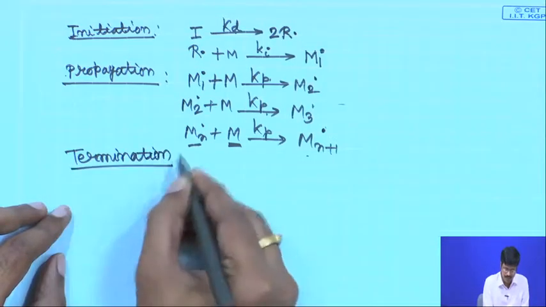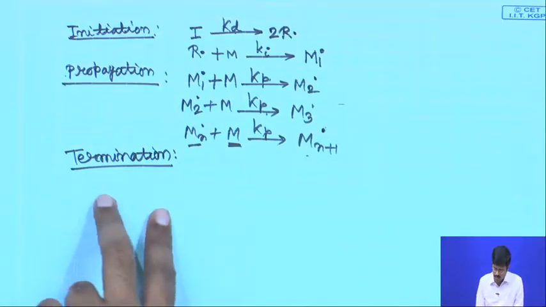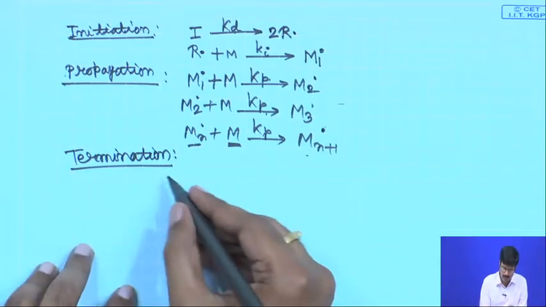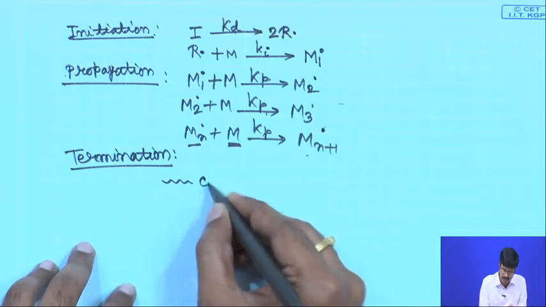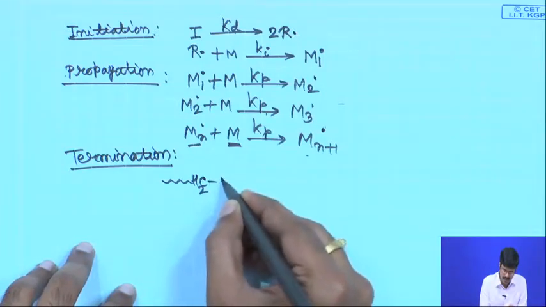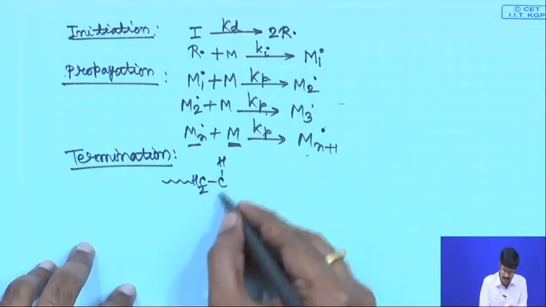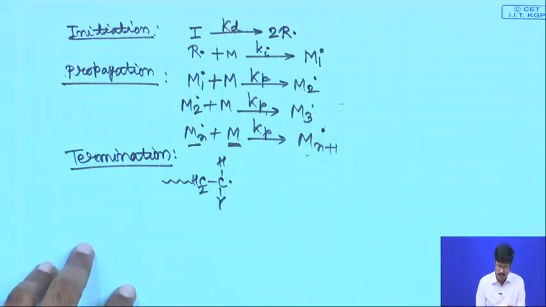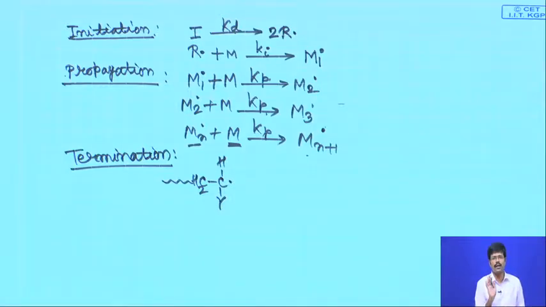termination. So, when you are terminating the reaction, let us say you have a growing radical like this. There are two ways generally speaking, unless you are considering other processes, we will come to that after, of terminating a growing radical.